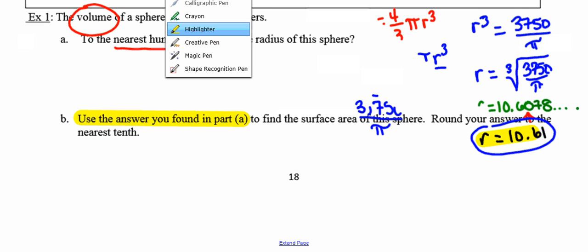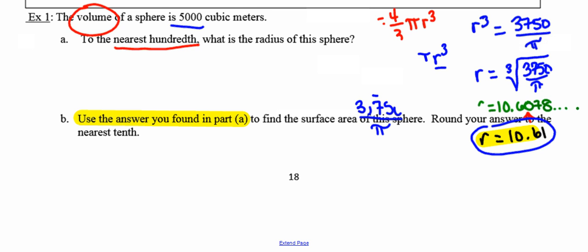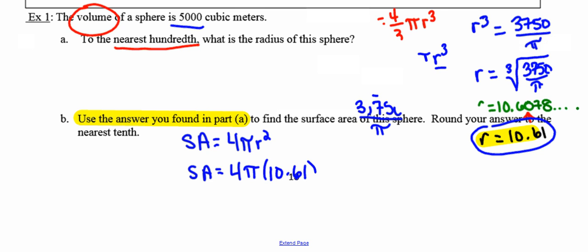It wants us to now find the surface area of that sphere. So I'm going to use the formula for surface area, 4 times pi times r squared, and plug in that number that I got for the radius. So 4 times pi times 10.61 squared.